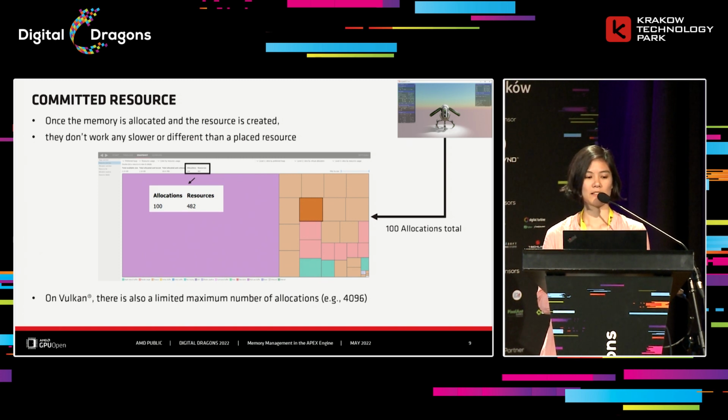The screenshot you see here is actually from a tool where you see all the allocations from the application, also the resources. And here it shows you the number of total allocations, and this marked box is one allocation, one resource, so this is a committed allocation. And later I have a screenshot where you see placed resources, and then you will see immediately the difference.